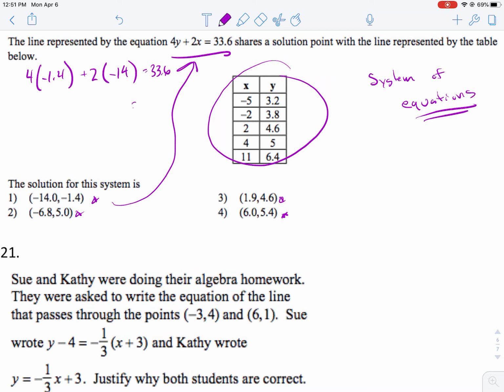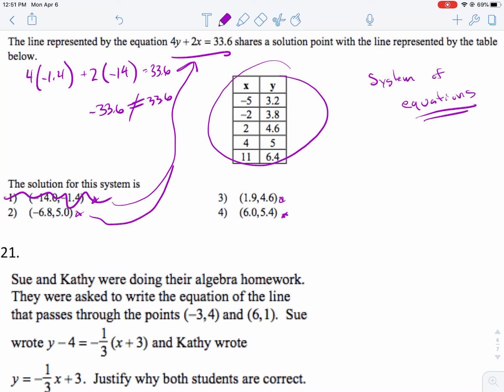She just plugged all these in, and it didn't come out here, right? 4 times negative 1.4 plus 2 times negative 14 came to negative 33.6. Okay, yeah, so that's out. So that point doesn't work. Sorry, I got nervous there. I was like, man, it shouldn't work out. I thought it didn't.